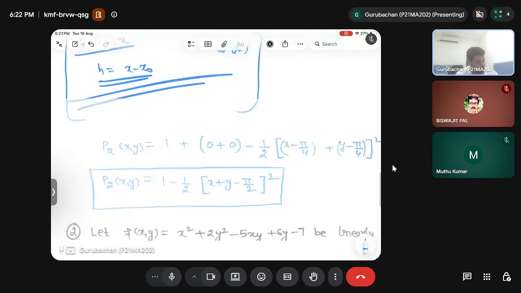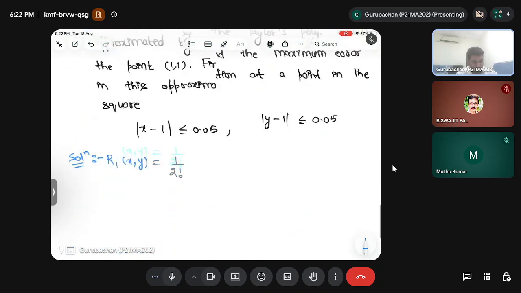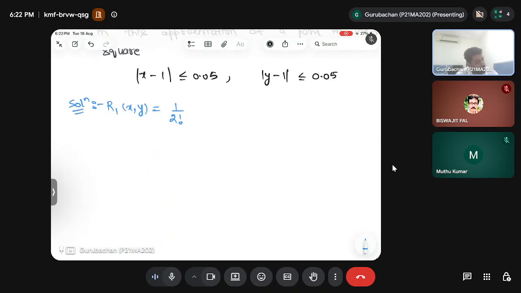So this will be x minus 1 plus y minus 1 this whole square f at, what was that? It was something x naught plus theta h.